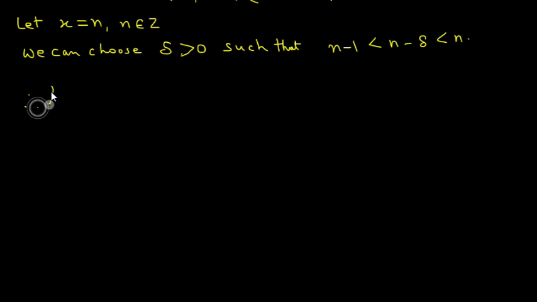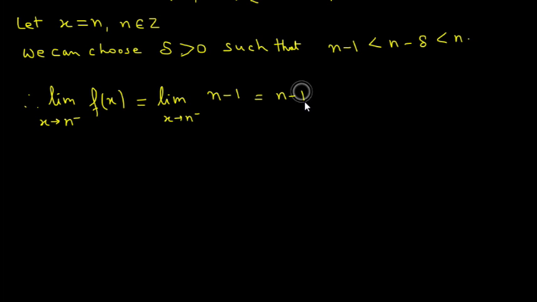Therefore, limit x tends to n minus f(x) is equal to limit x tends to n minus of n minus 1 is equal to n minus 1.